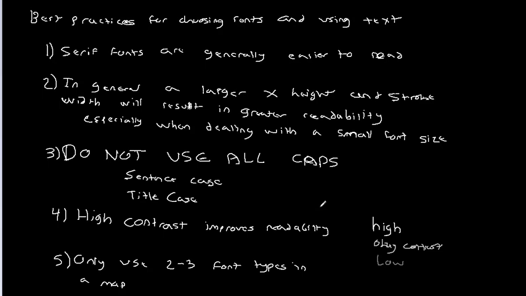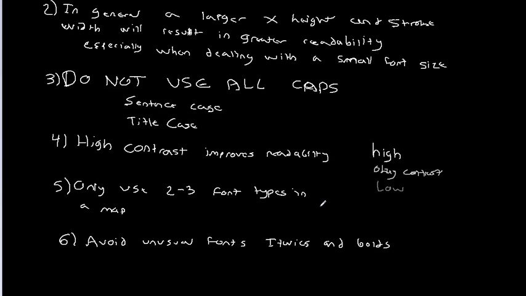You always want to be thinking about contrast, both in terms of the layout of the font itself relative to the characteristics, but also things like color and placement. And finally, basically keep it simple. Don't use complicated fonts unnecessarily. Don't make things bold or italic unless you have a reason to. And try to limit yourself to no more than 4 fonts on a given map.